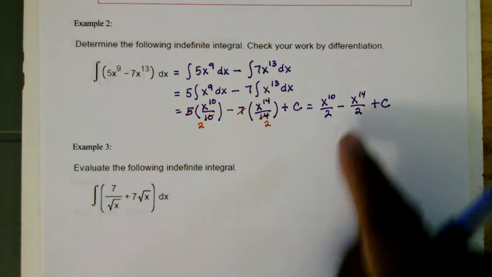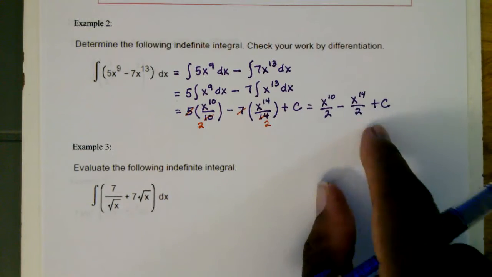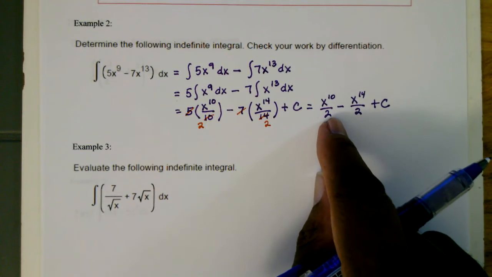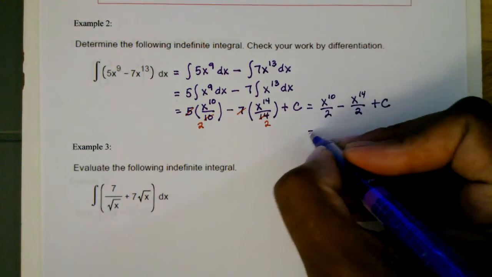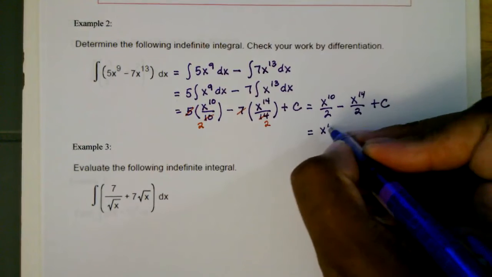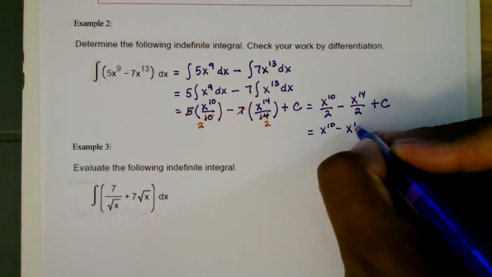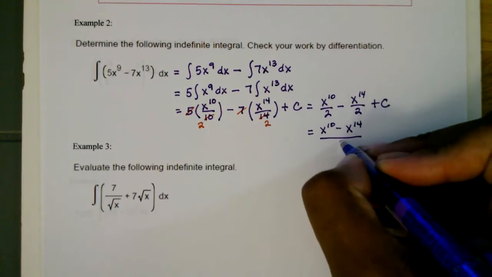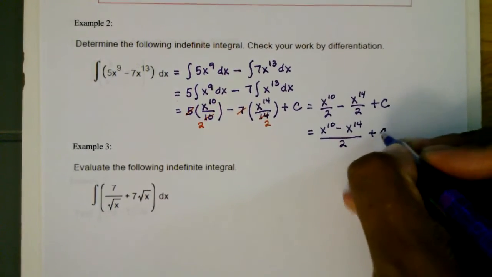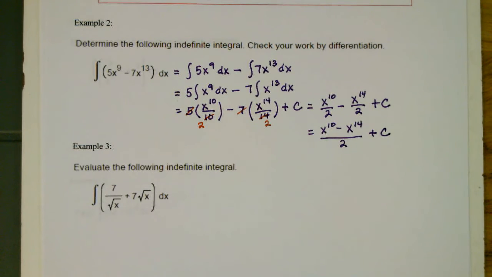And if I want to, since the denominator is 2, I have the same denominator, I can put the x to the 10th minus x to the 14th, all under that denominator of 2, and then plus c. And that would be what the integral of 5x to the 9th minus 7x to the 13th dx will be.